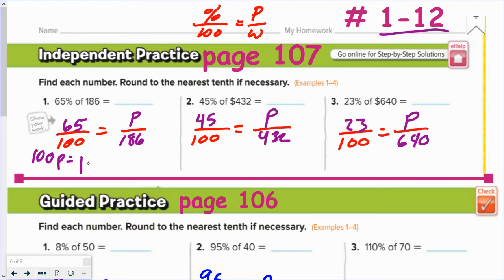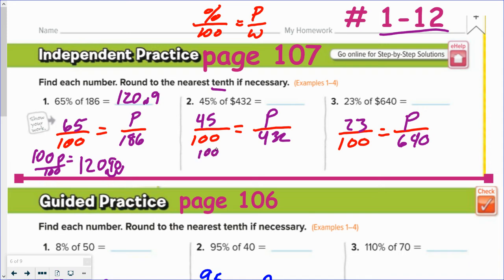It is 12,090. Then divide by your 100, which means I'm going to move my decimal over. And it says to round to the nearest tenth. So 120.9 is my answer.